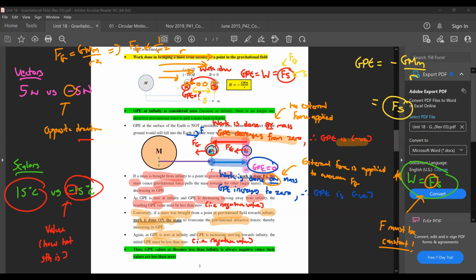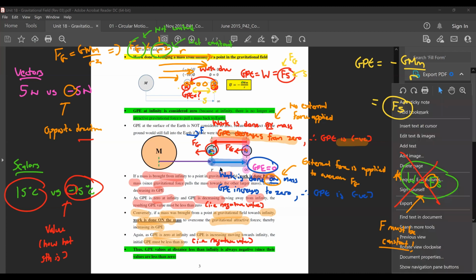So if you bring your mass from infinity to a point, your R is actually not constant. Therefore, your Fg is also not going to be constant. So the fact that your force is not constant automatically means you cannot use this equation.